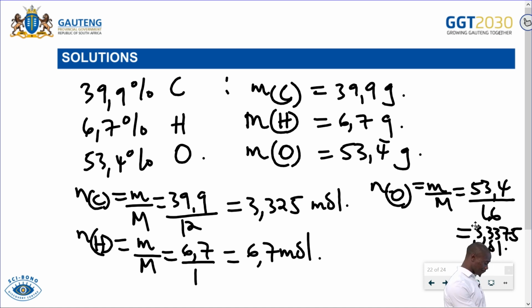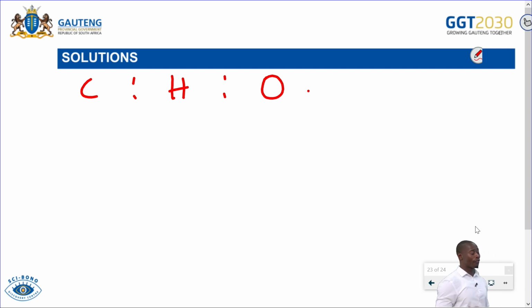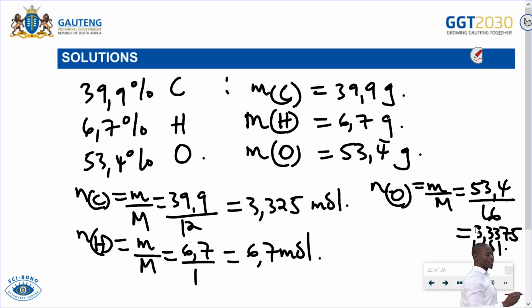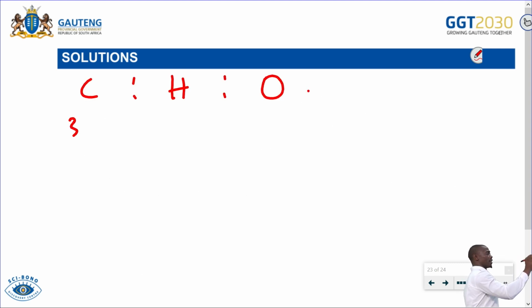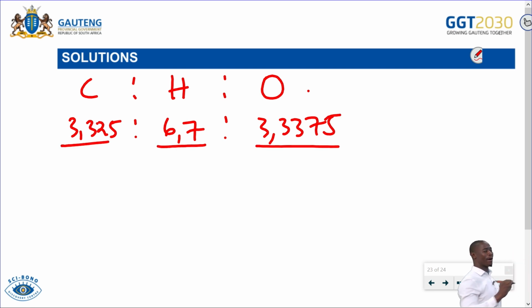So it's C, H is to O. Then the number of moles of carbon is 3.325. And for hydrogen it is 6.7. And here it is 3.3375. Divide by the smallest number of moles.